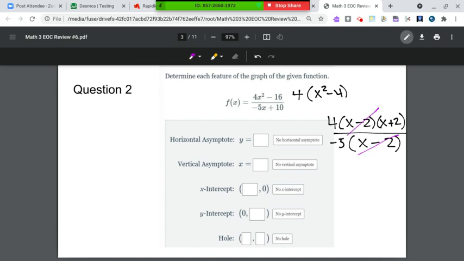So we cancel out there and there, which means there's a hole at +2. To get the y value of the hole, we simplify our function, 4 parentheses x plus 2 over -5. We plug 2 in. 2 plus 2 is 4. 4 times 4 is 16. So -16/5.